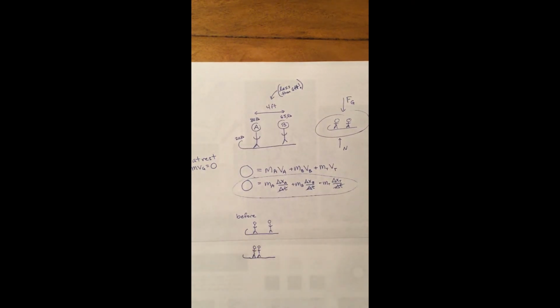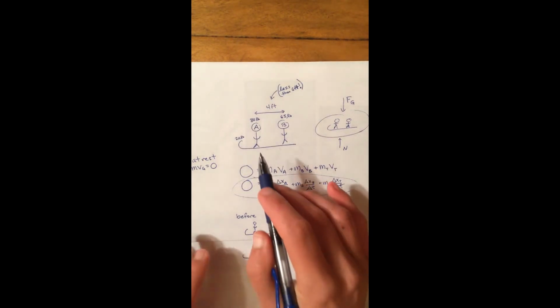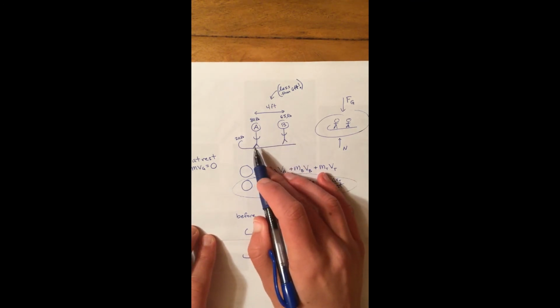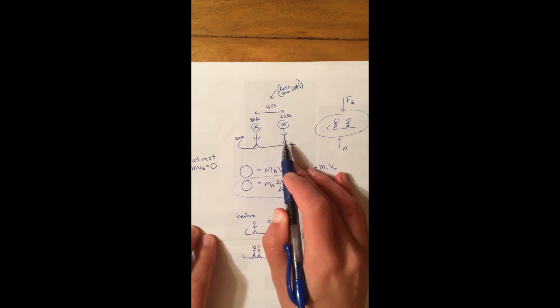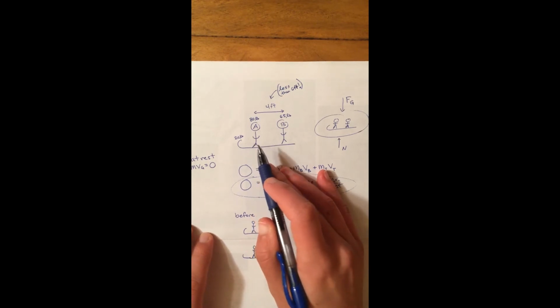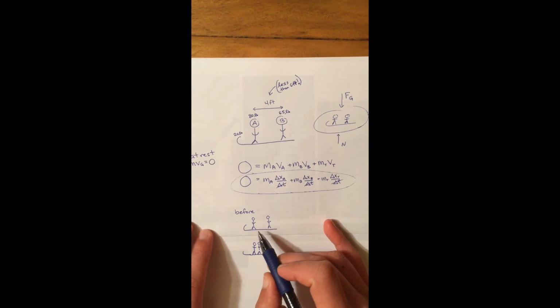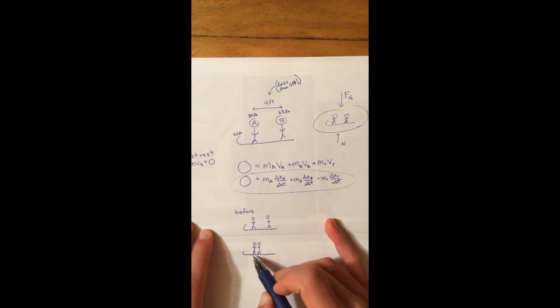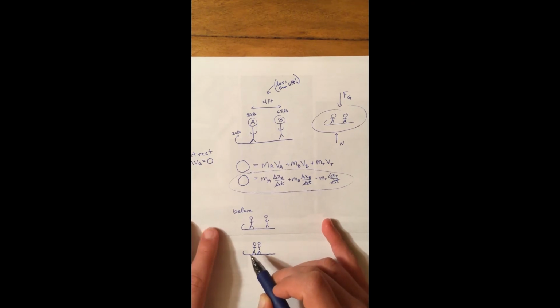So in this problem, we have person A moving towards person B, and then they both move back to where person A was initially at. But because person A goes this way and then back again, we can ignore the fact that person A is moving because they're starting in the same place that they ended from. So before, we have the two people standing 4 feet apart, and we can pretend that person B is just moving towards person A, and we can keep person A in the same spot the whole time.